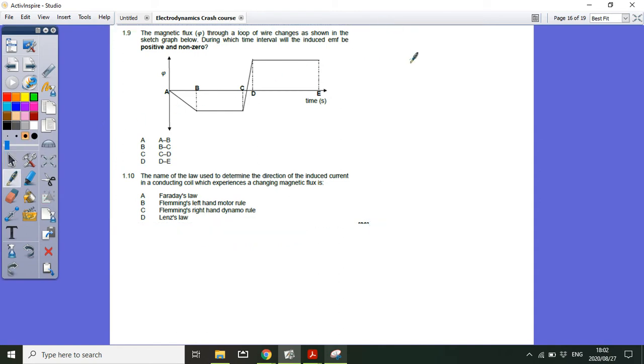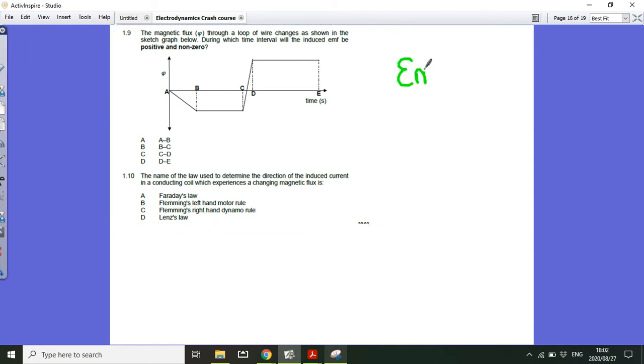Now remember, the EMF is equal to minus the change in magnetic flux linkage over the change in time. If you look at the flux graph, this is the gradient and that's the negative. This was just flux, it wasn't linkage, but remember that is just changed by the number of windings, so not that important. But the EMF is the negative gradient of the flux graph.